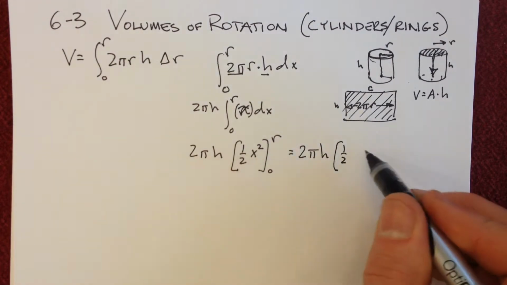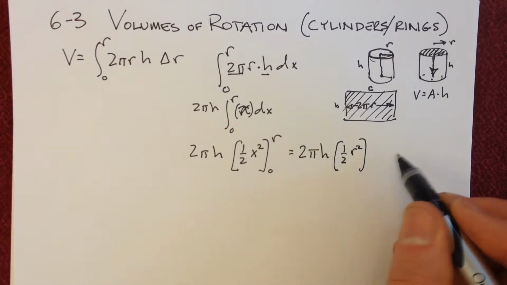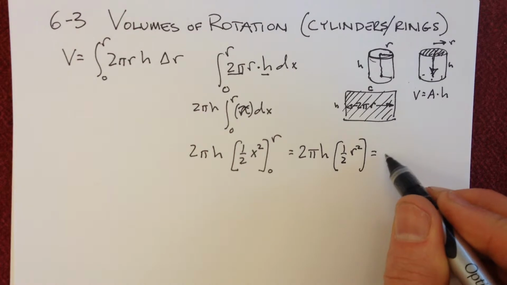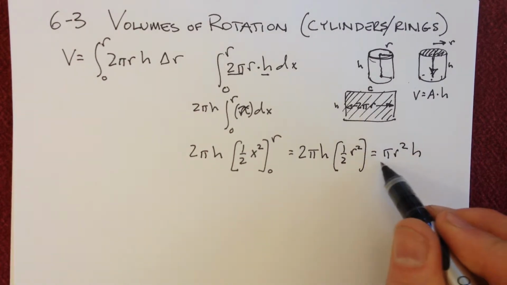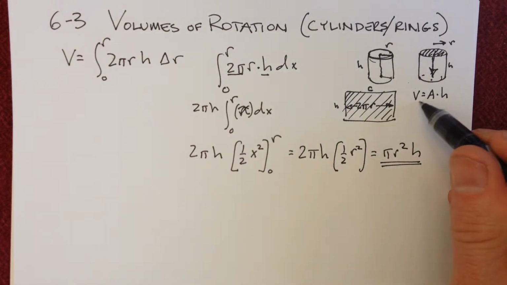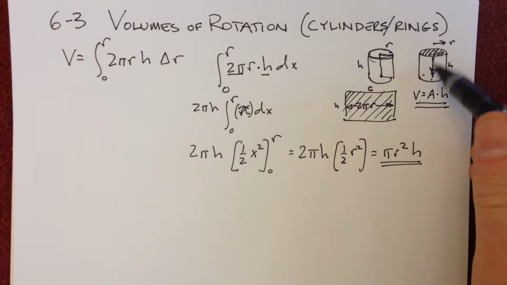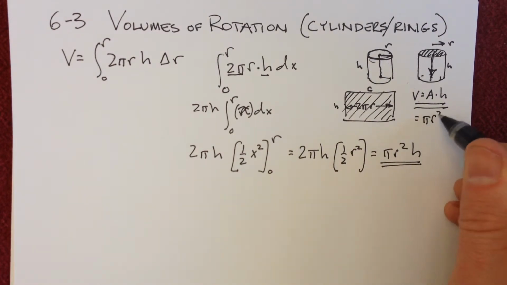When we put in r, we get r squared. We put in 0, it all goes away, so we've just got this. So 2 times 1/2 will cancel. I get pi r squared h, which is exactly the same volume formula that we'd expect if we did it this way, where we found the area of the circle and then moved it a distance h. That would also be equal to pi r squared h.